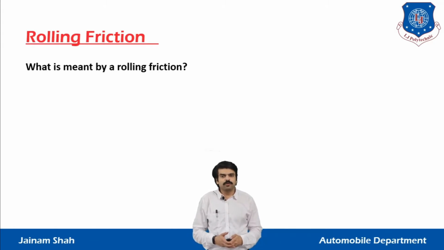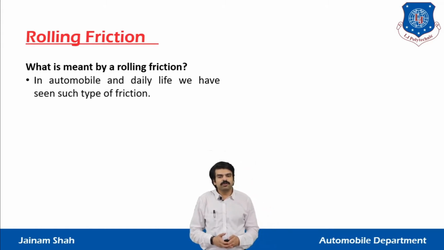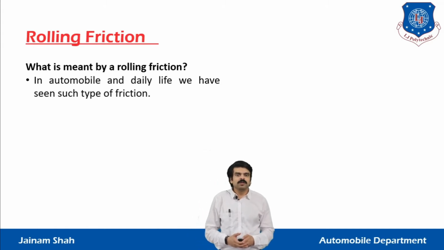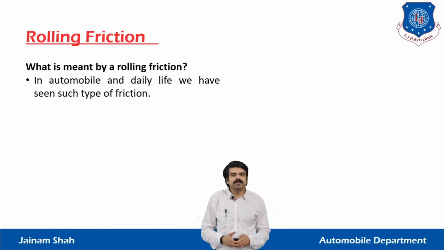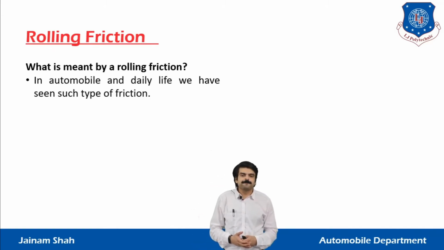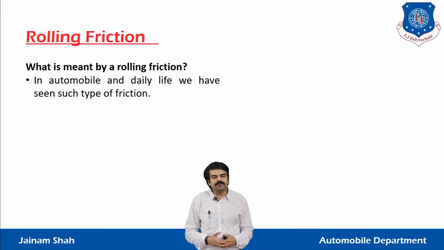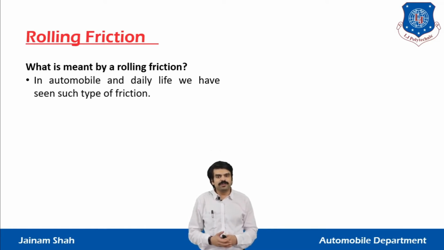Let's talk about rolling friction. What does rolling friction mean? In automobile engineering, we see rolling friction many times. For a basic example, our wheels moving on any surface are a type of rolling friction. A bearing, any kind of bearing on a shaft, is an example of rolling friction.